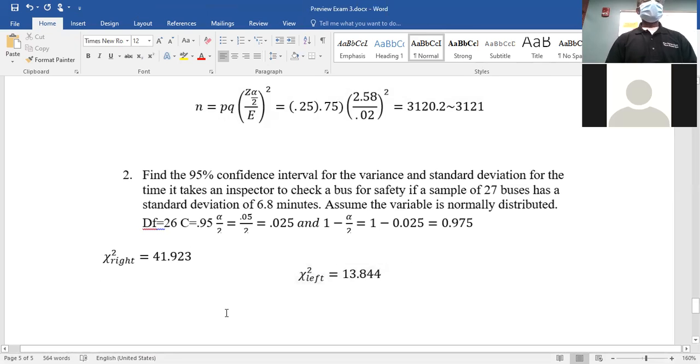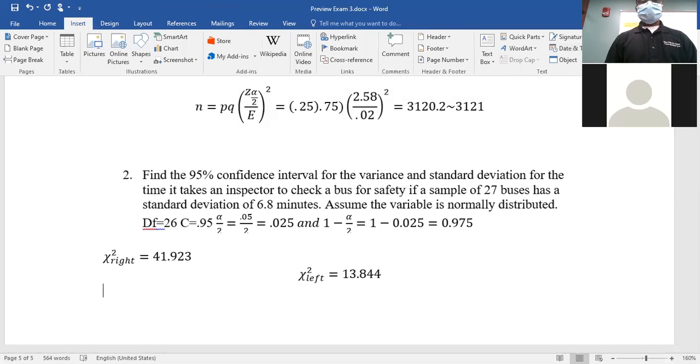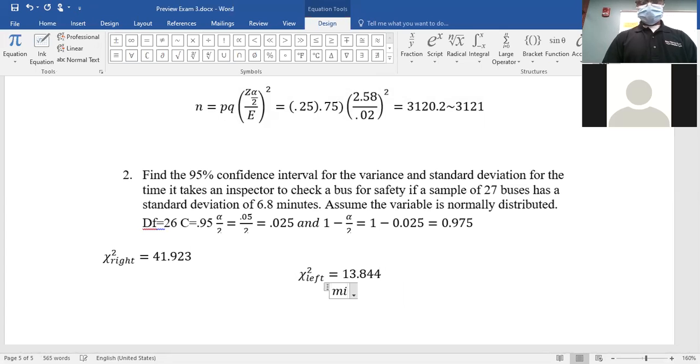So when you have both chi-square left and chi-square right, you can find the lower value, the minimum. This is how I prefer writing.